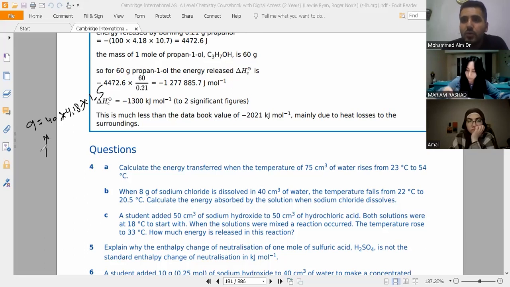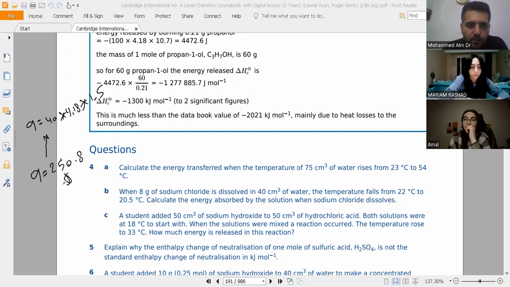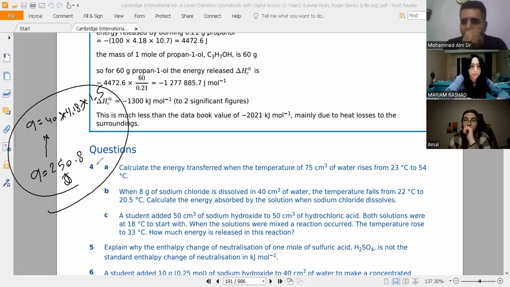We don't have amount of energy in negative. So the Q will be 50.8 joule. That's it. So the question now is over.